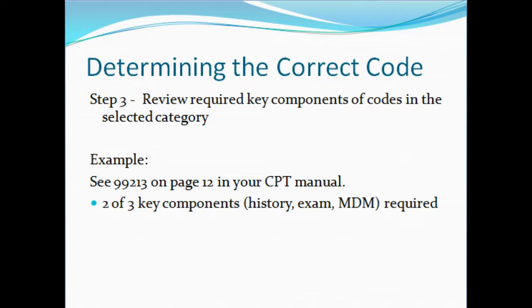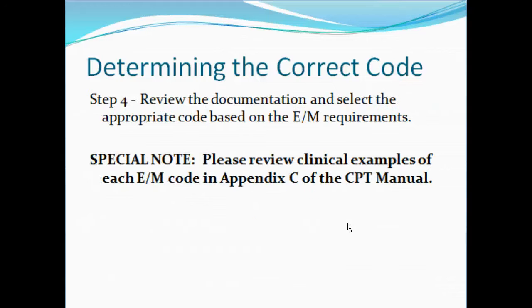Remember, key components consist of history, exam, and medical decision making. So 2 out of 3 of these components are required to be in the documentation, in your assignment questions, in your test questions, or in your homework questions in order to select the appropriate code. Step 4. Review the documentation and select the appropriate code based on the E&M requirements.